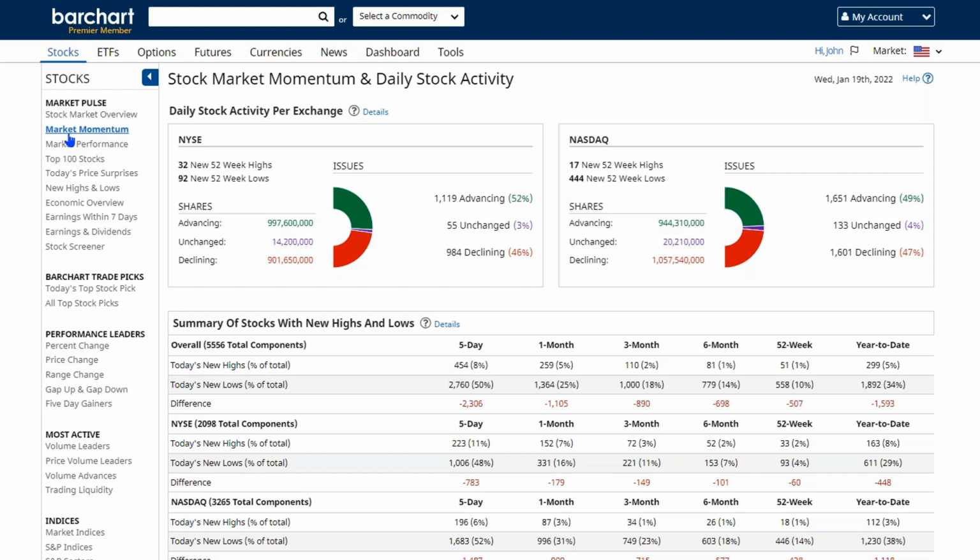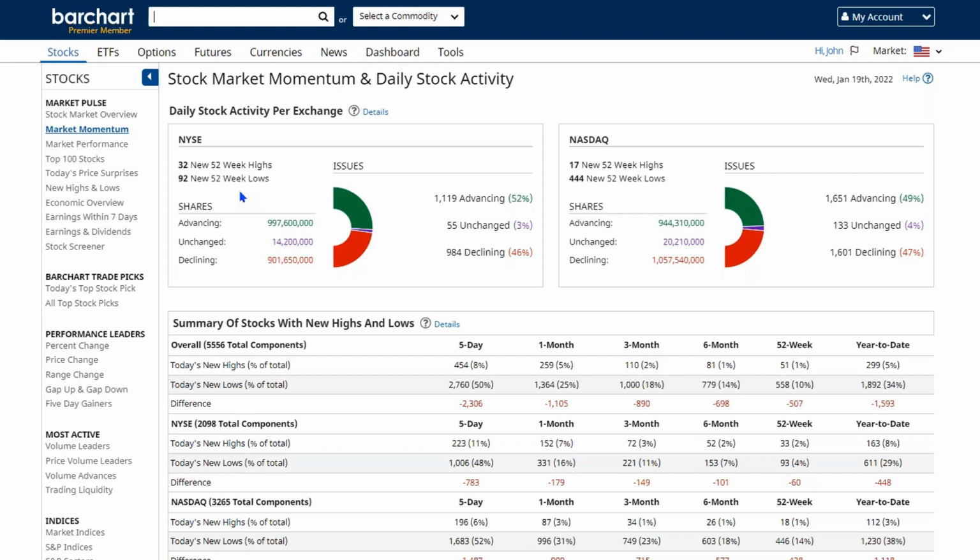We can also look at the volume in terms of up volume versus down volume. But what we really want to look at is the big picture, and in this case, our 52-week highs and our 52-week lows. If I'm in a bull market, I should see more stocks making new 52-week highs and not new 52-week lows.